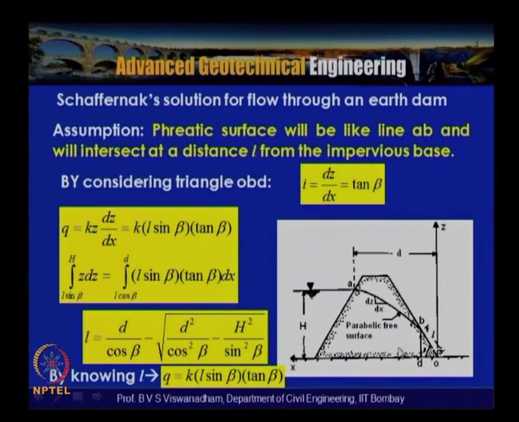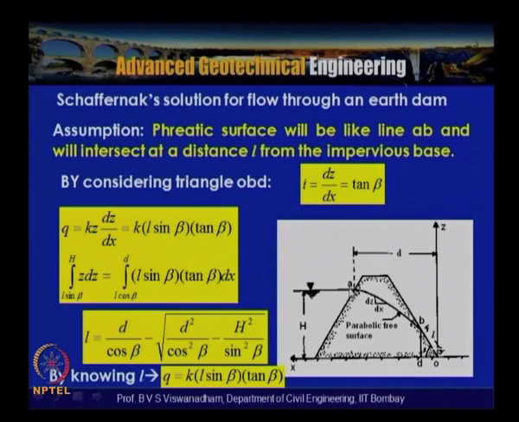With that, by integrating from L sin beta, which is this vertical distance, to this that is H, and L cos beta to D, that is the horizontal distance from this point to this point where it meets the upstream water surface.